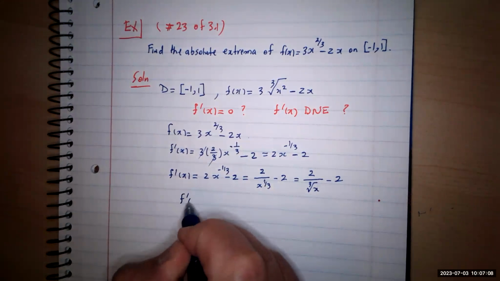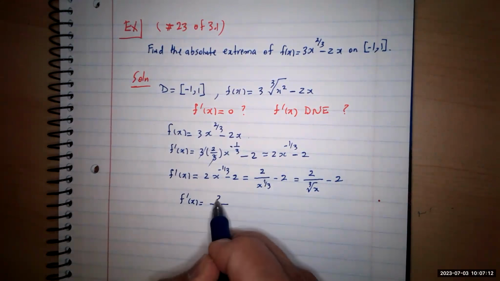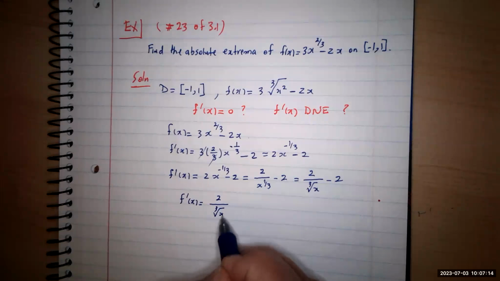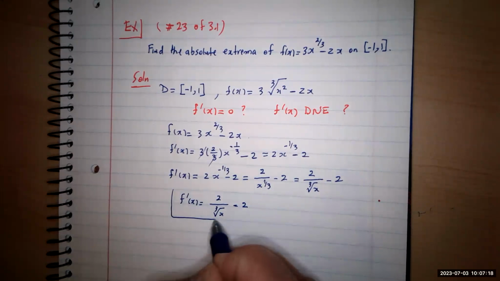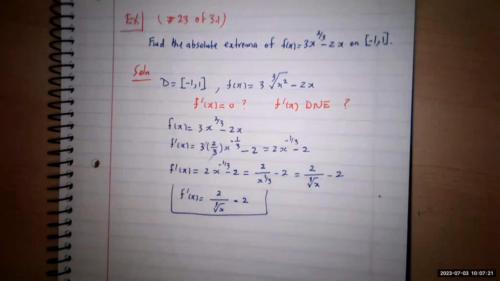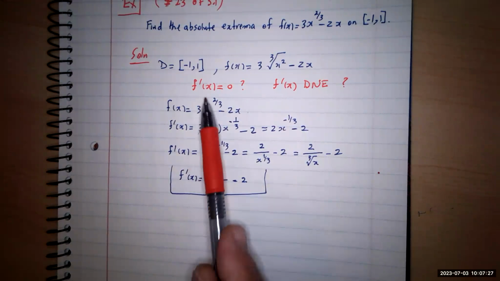So we get f prime of x equal to 2 over cube root of x minus 2. This is the f prime that we are going to use for the rest of the problem. Any question? Check this first.